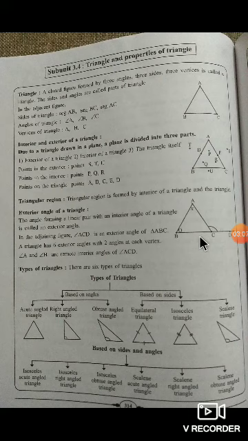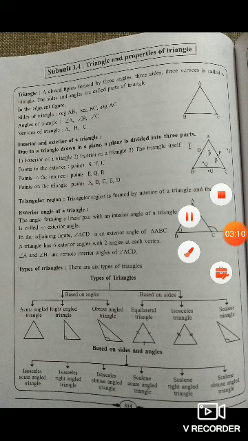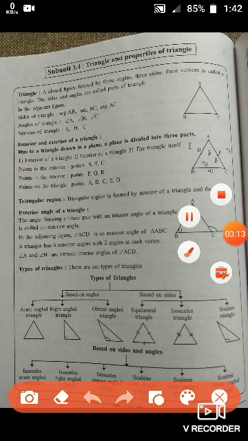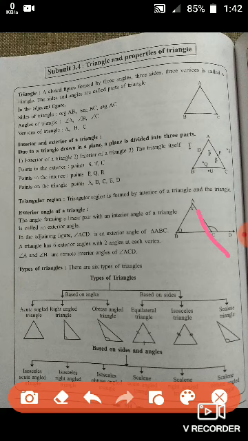Now how many such angles can we draw here? If we extend the arm AC here, again we can get one more angle here. So at the vertex C, we will get two exterior angles, BCQ and ACD.